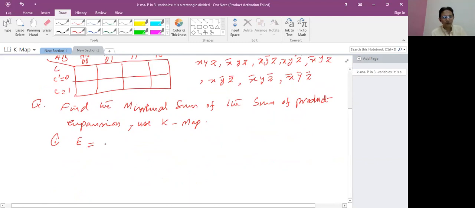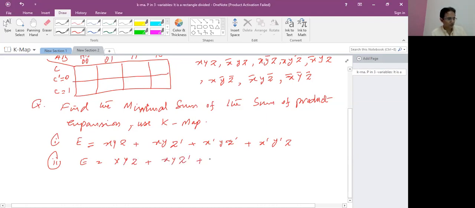So if you have given x y z plus x y z complement plus x complement y z complement plus x complement y complement z. Now in the second part, E is equal to x y z plus x y z complement plus x y complement z plus x complement y complement z complement.